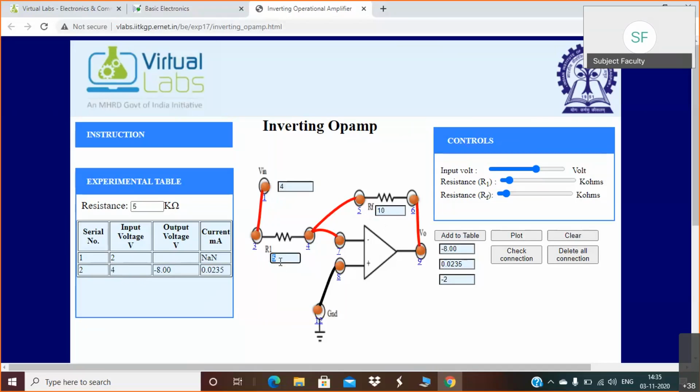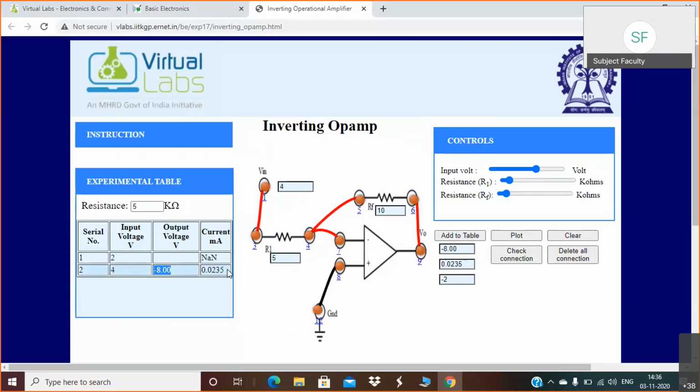Minus RF upon R1, that means minus 10 upon 5, that means minus 2. And what will be the output? The output will be gain multiplied by input voltage, minus 2 multiplied by 4, that is minus 8. Input voltage is 4, output voltage is minus 8.